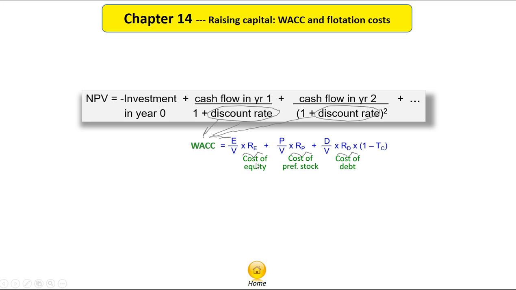It has cost of equity, RE, cost of preferred stock, RP, cost of debt, RD. Cost of equity can be calculated using two different formulas depending on what you are given. You can use the CAPM formula from Chapter 13, or you can use the dividend growth formula from Chapter 8.